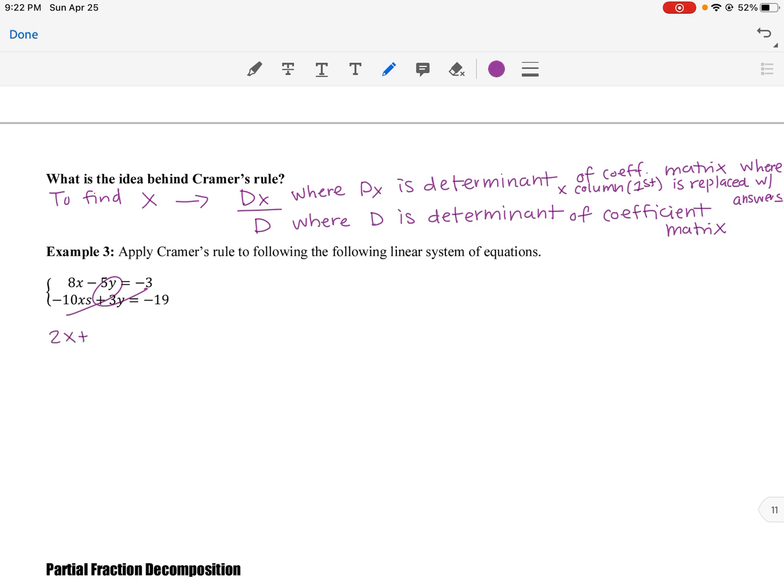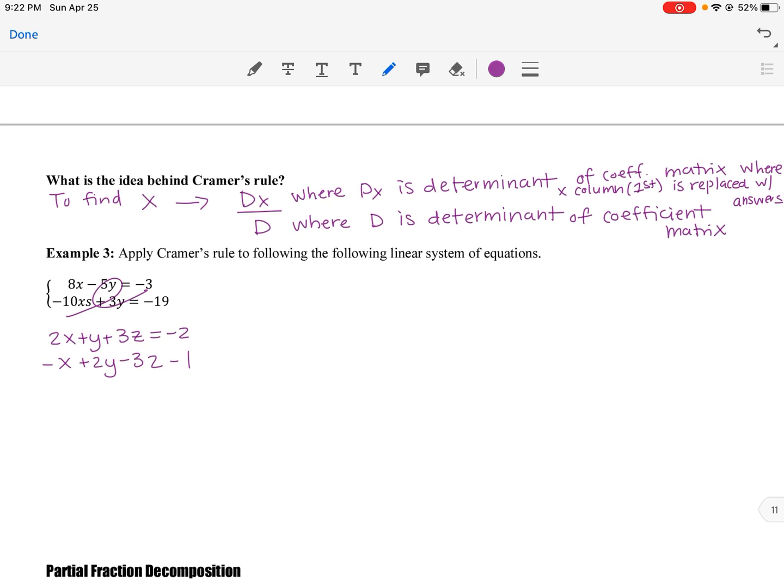So we have 2x plus y plus 3z equals negative 2. Negative x plus 2y minus 3z equals 1. And x minus 2y plus 4z equals 3. And let's just say solve for y.